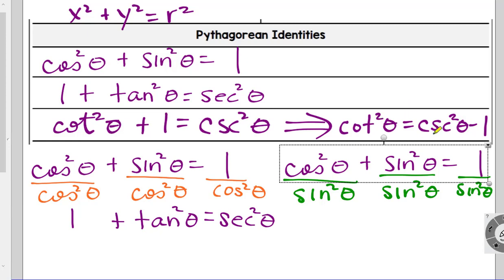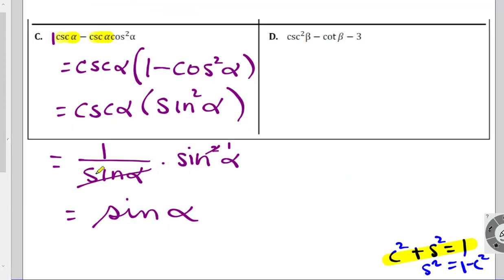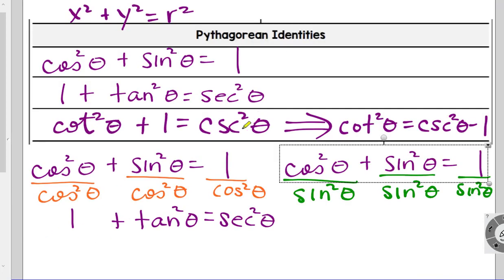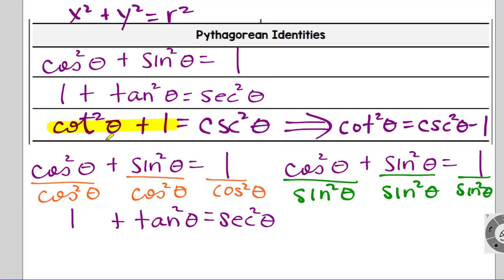I think I solved it right here already. What was it? I've got to look at the problem again, I'm sorry. Okay, we've got cosecant squared. What is cosecant squared equal to? Cosecant squared is equal to cotangent squared theta plus 1. So I can replace cosecant squared with this, cotangent squared theta plus 1.